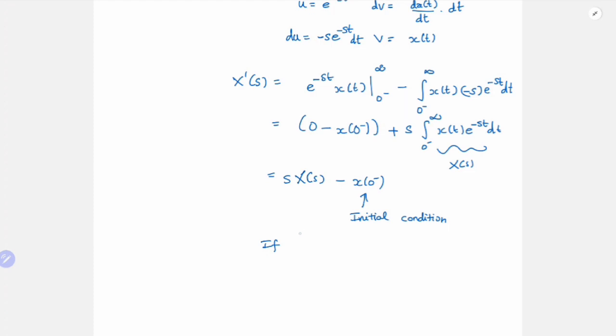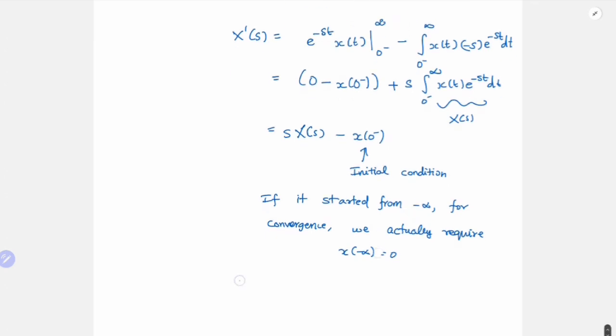If it started from minus infinity, for convergence, we actually require x of minus infinity equal to 0. So this factor will actually go away, and we are getting only s X of s. So your dx of t by dt will have the Laplace transform s X of s minus x of 0 minus.